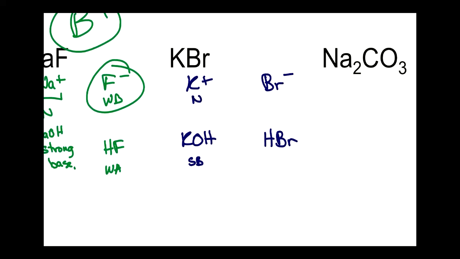It is nothing. HBr is a strong acid, so Br- is a nothing, or neutral. So that means we combine two things that are pH neutral. What should KBr behave like? The actual salt should be neutral. It should not change your pH at all because both things are neutral.